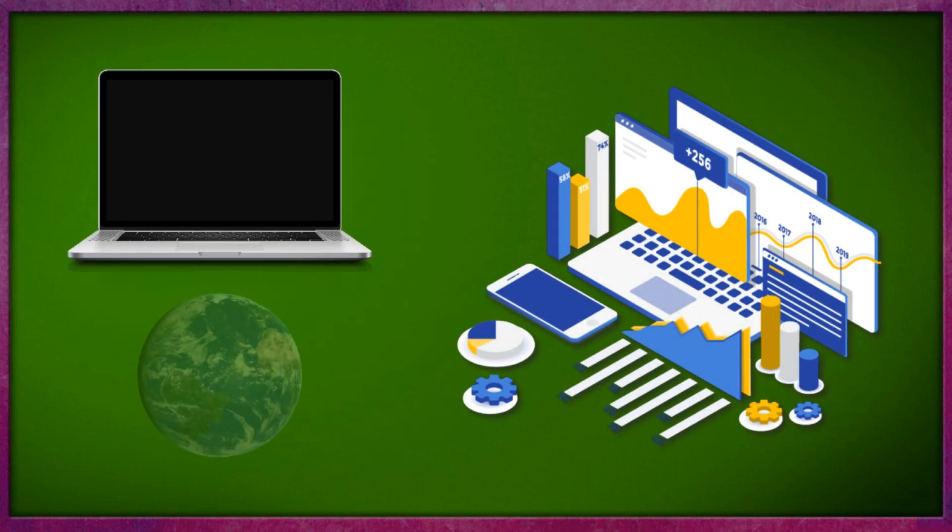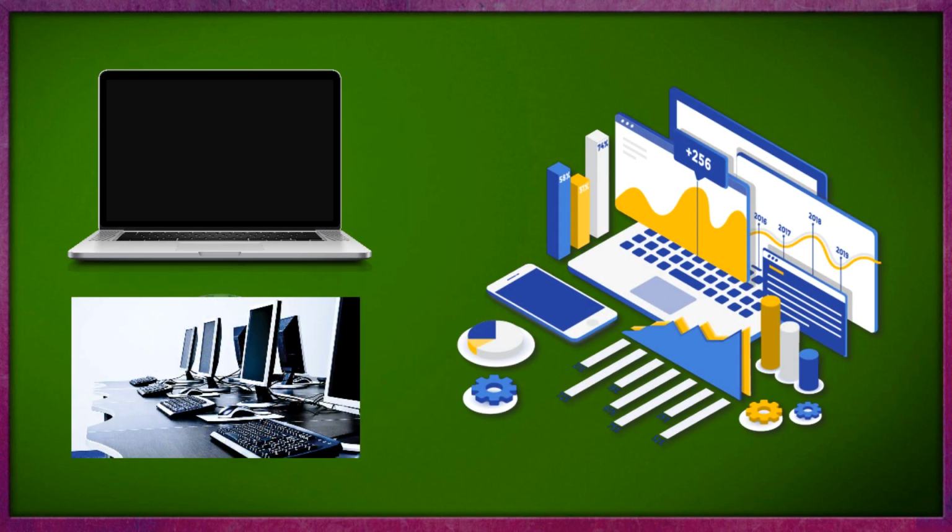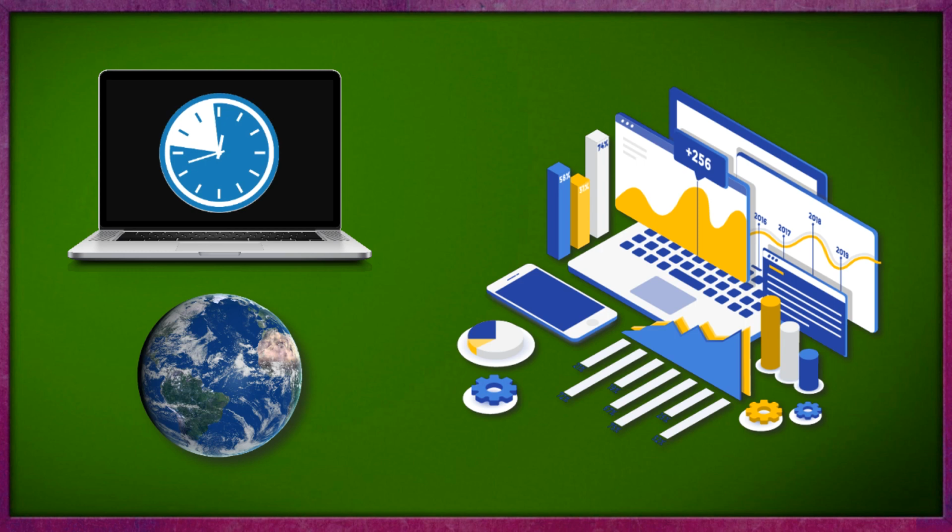You can access your work from any place, in any system. There are no restrictions. Since it is on the web, you can access it anytime, anywhere, in any system. All you need is a system with an internet connection.